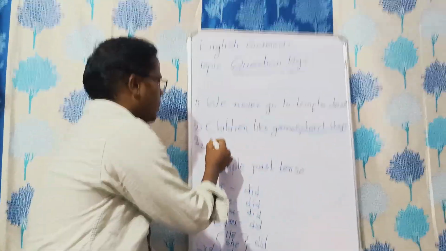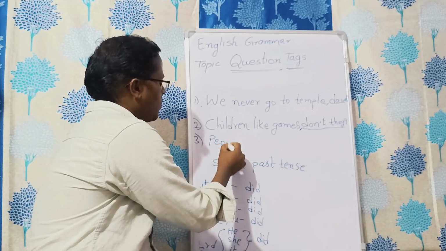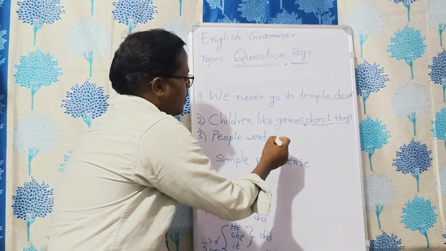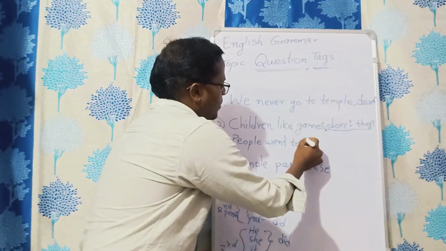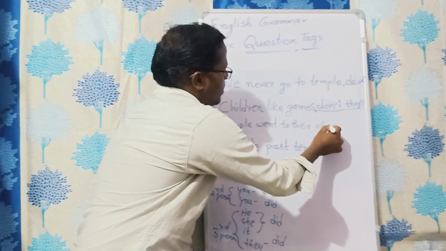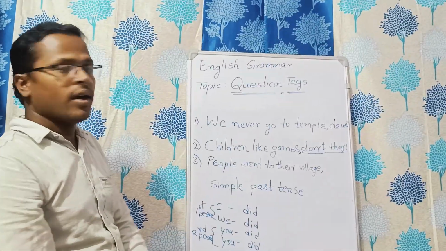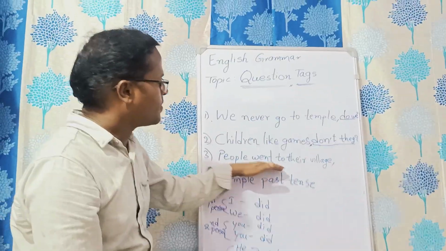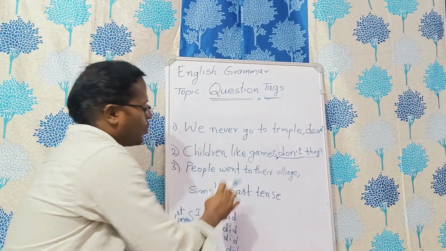For example, people went to their village. So here, the sentence is in simple past tense. How can you find this is V2?